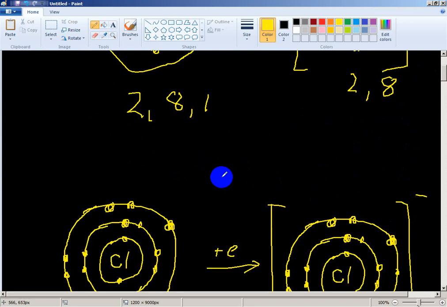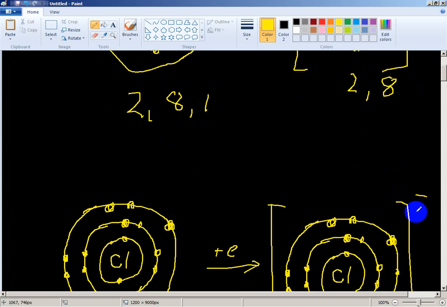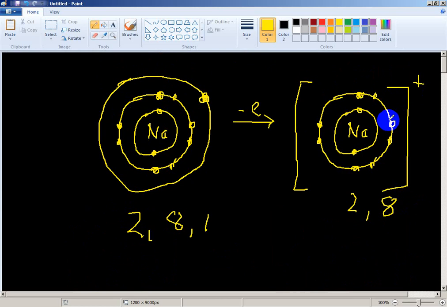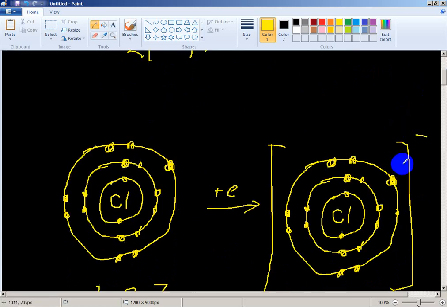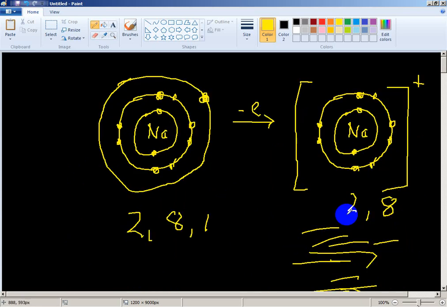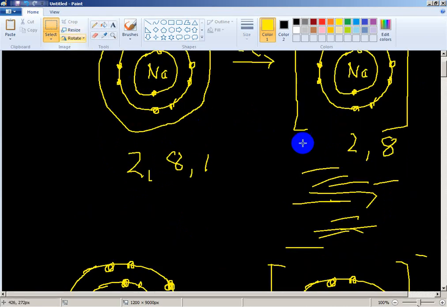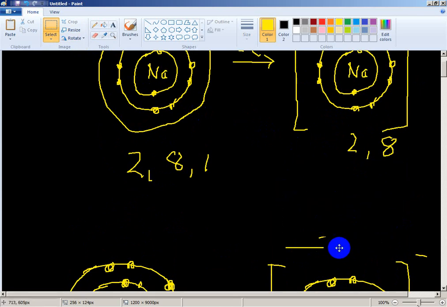Okay, between this cation and anion there is a strong electrostatic attraction force between the positively charged cation and the negatively charged anion, and it is called ionic bonding.